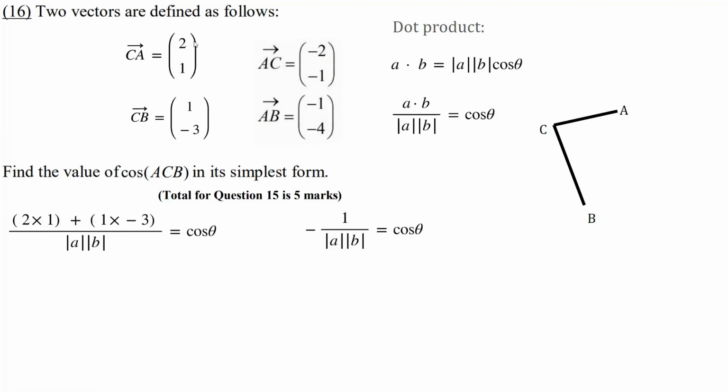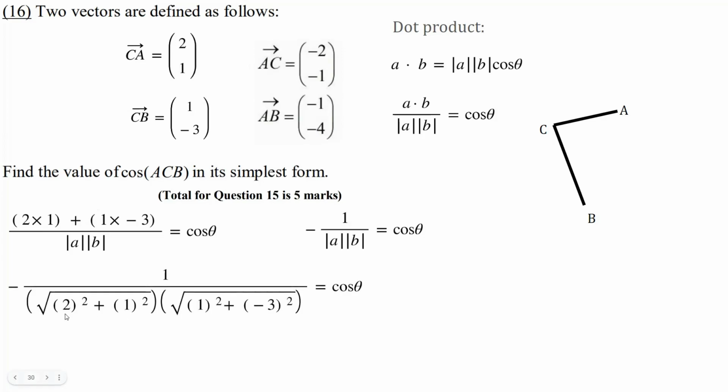This is our vector A, this is our vector B. So 2 squared add 1 squared. 2 squared is 4, and then 1 squared is just 1. So 4 add 1 is 5, and then square root that. So it's root 5.